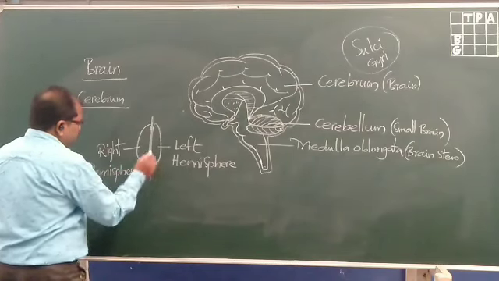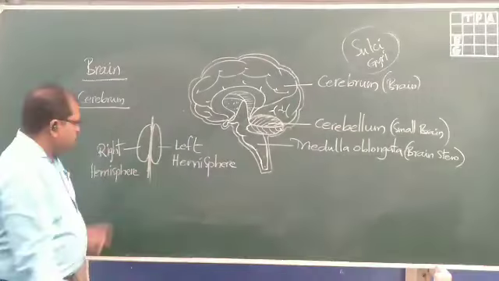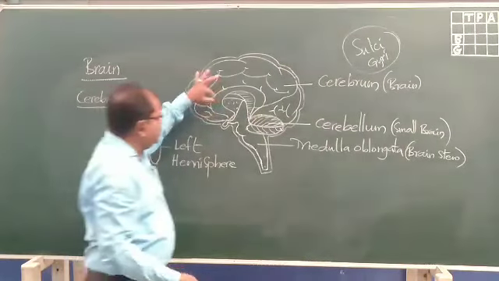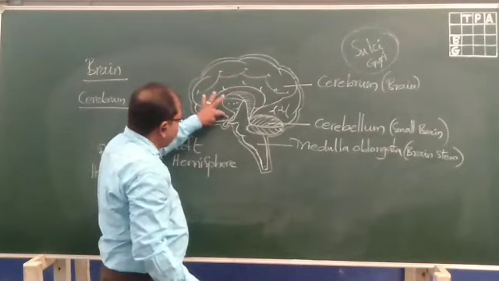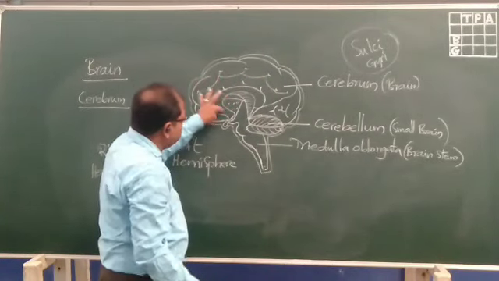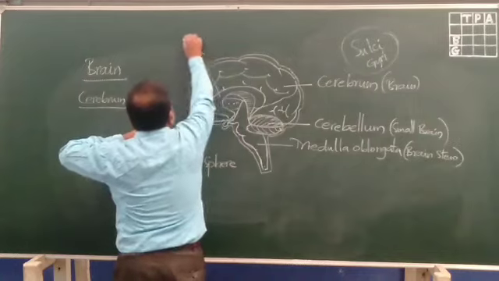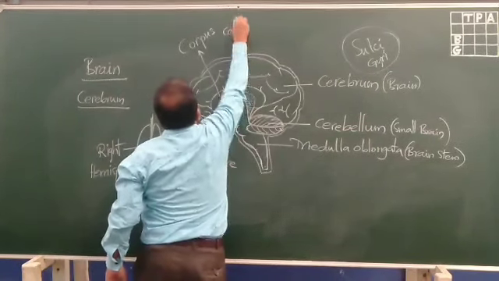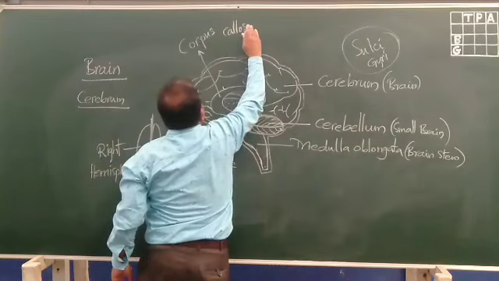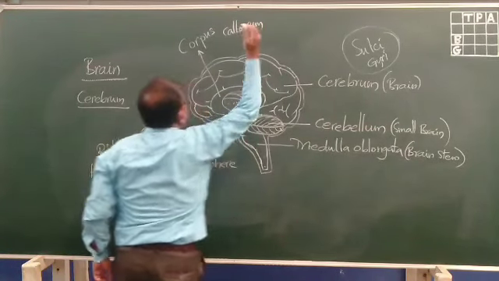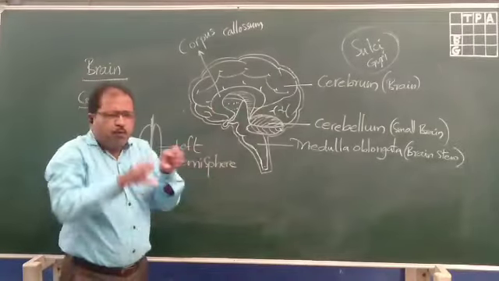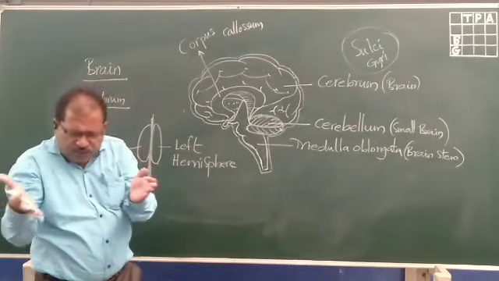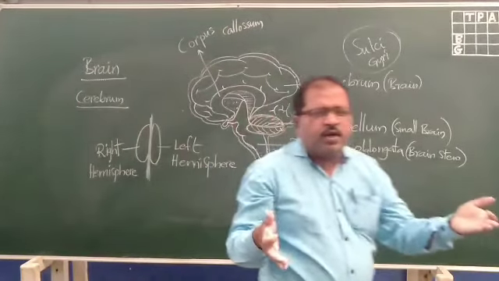These two are separated by a reverse question mark shaped structure, which is called the corpus callosum. It is a hard bony structure which separates the left hemisphere from the right hemisphere.